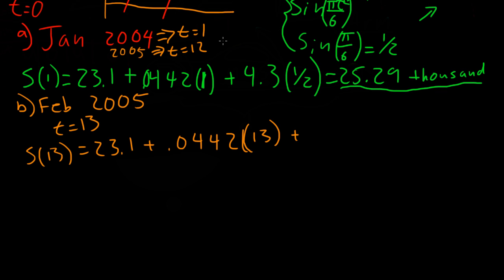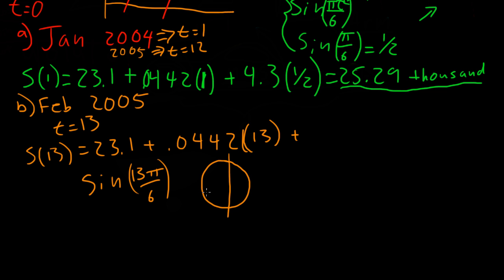So we're going to have sine of 13 pi over 6. Let's go ahead and find this on our unit circle. Let's figure out where this is going to be. Let's draw a unit circle. I'm going to have these values all the way around. We're going to have to count around this circle a little bit.